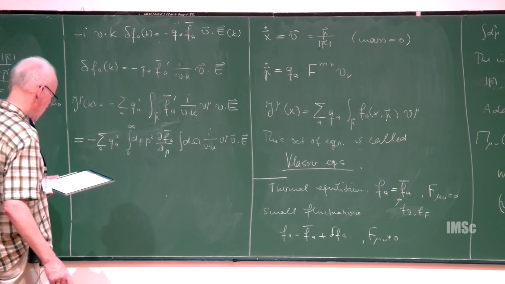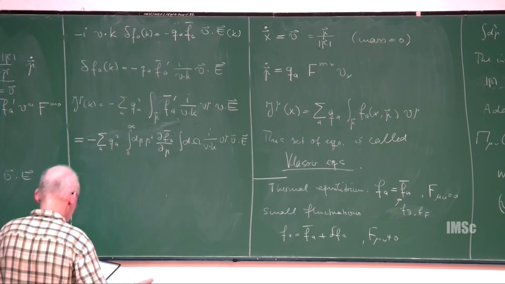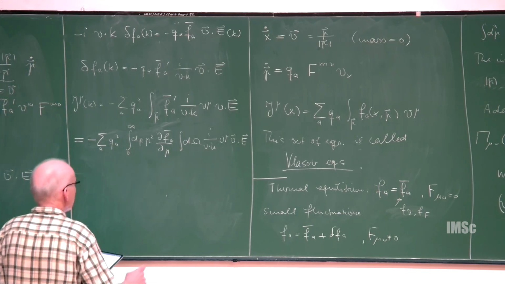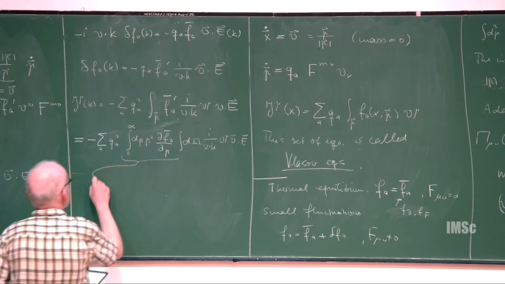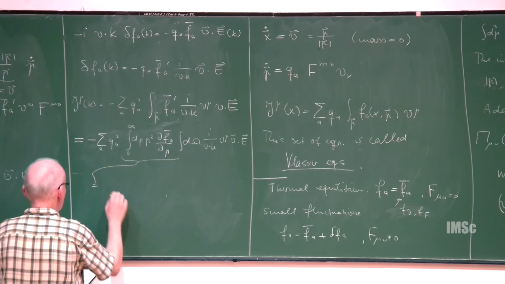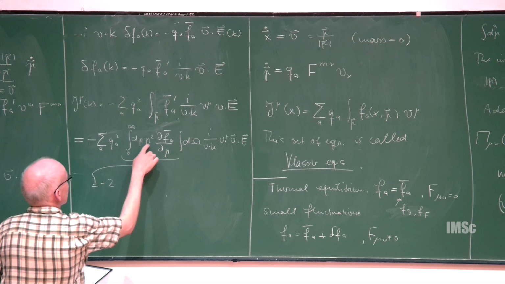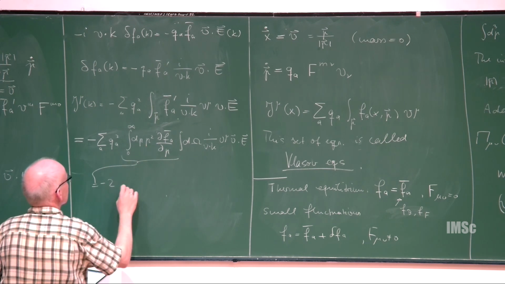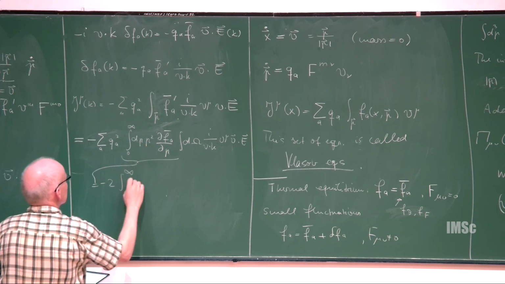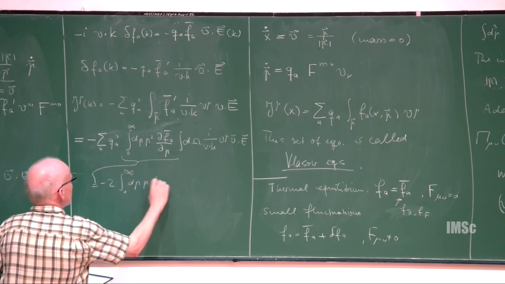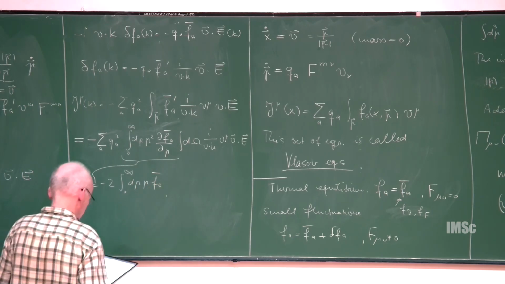Here I can integrate by parts, and I get minus 2 times the integral dp p f_a equilibrium.